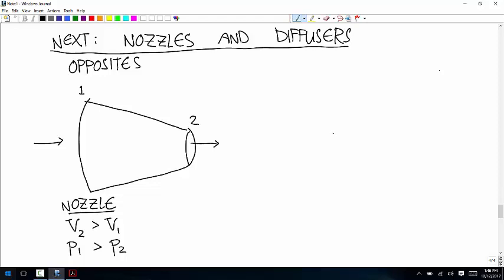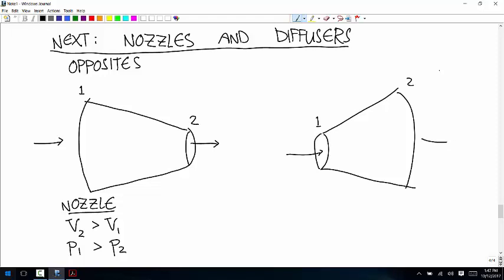And a diffuser. This is 1, this is 2. The material's flowing this way. And just everything is reversed.